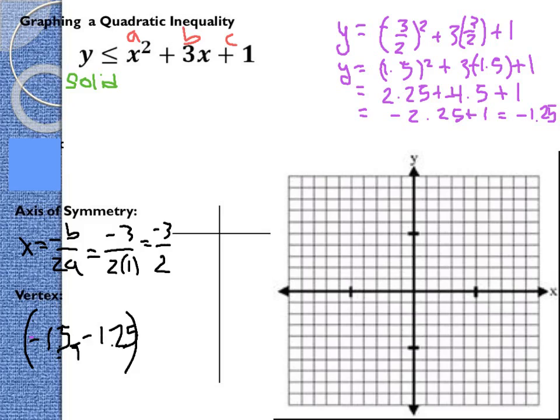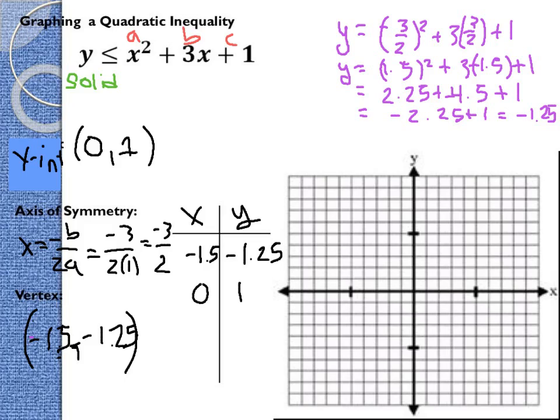So now I can find my y-intercept, which is located at 0, and my c value, which is 1. So that's my y-intercept. So I have 2 points I can plot. I have negative 1.5, negative 1.25, and I have 0, 1.